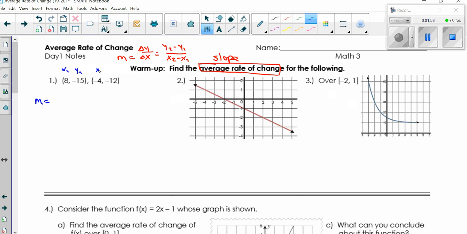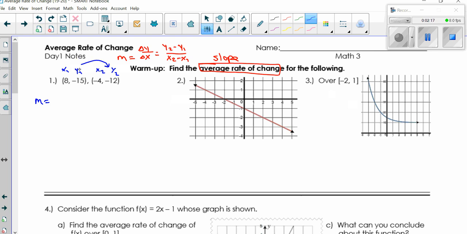We can call this my x2 and y2. Just because the formula says y2 minus y1 does not mean you have to subtract in this direction. I typically go this direction just because I like to work from left to right. It just means then for the x's, I'm going to have to go the same direction.